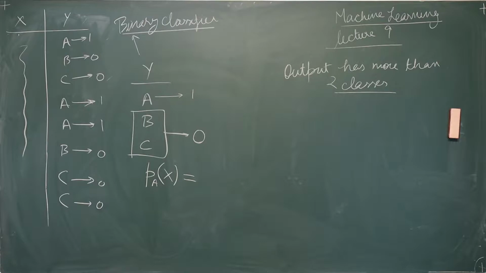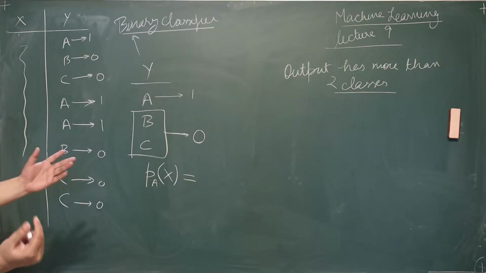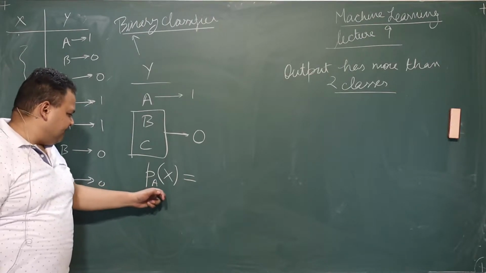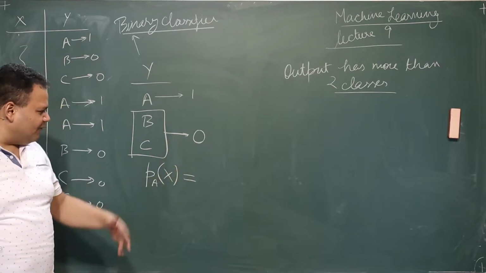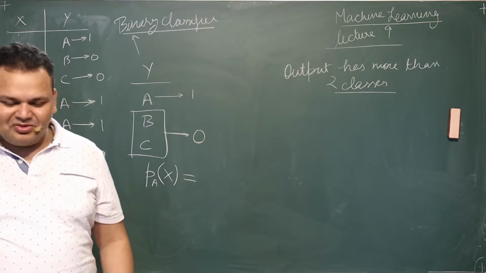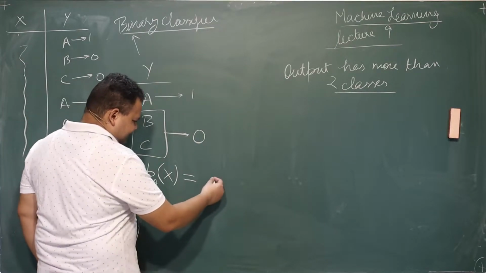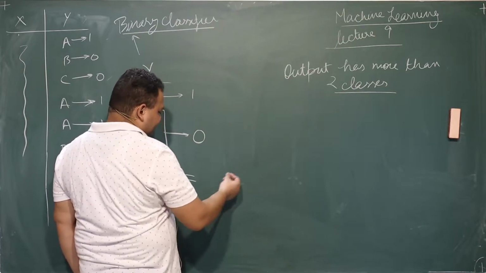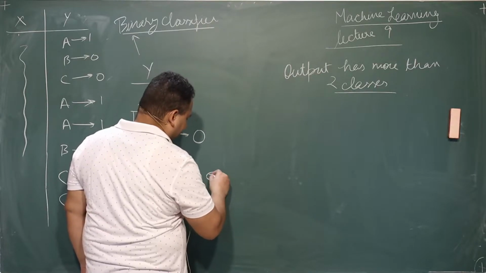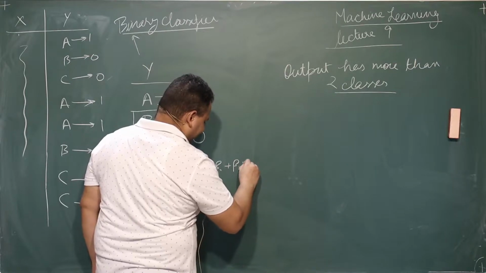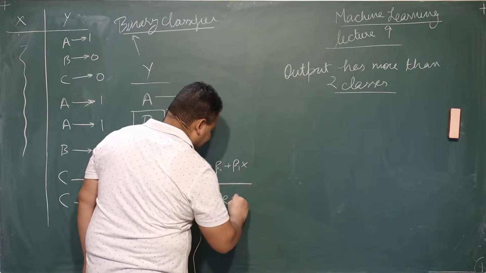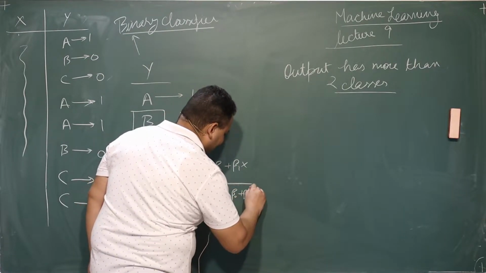So now, in the next step, you're going to fit this data and find out the value of P_A(x). Obviously P_A(x) is going to be your sigmoid function. What is the sigmoid function? e to the power beta 0 plus beta 1 x over 1 plus e to the power beta 0 plus beta 1 x.